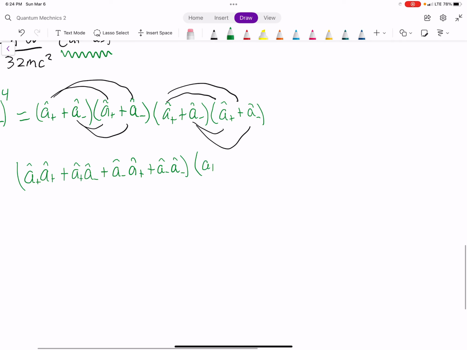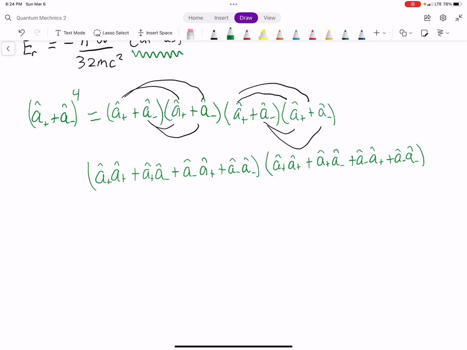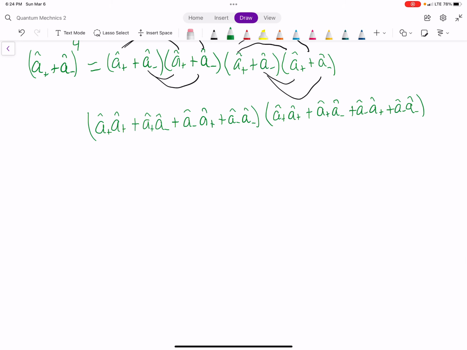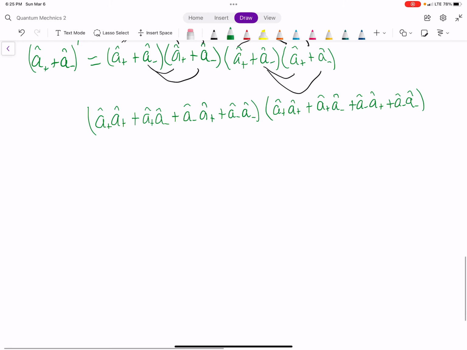And you're going to get the exact same thing here. All right, so we expanded it, and now we're going to distribute this messy stuff. All right, so I'm just going to go term by term.